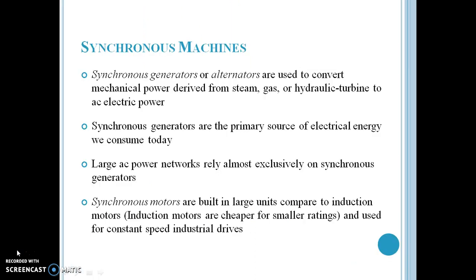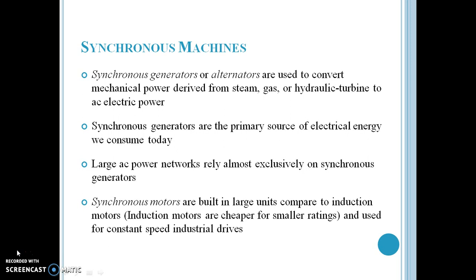Synchronous generators or alternators are used to convert mechanical power derived from steam, gas or hydraulic turbines to AC electric power. Also, synchronous generators are the primary source of electrical energy we consume today.